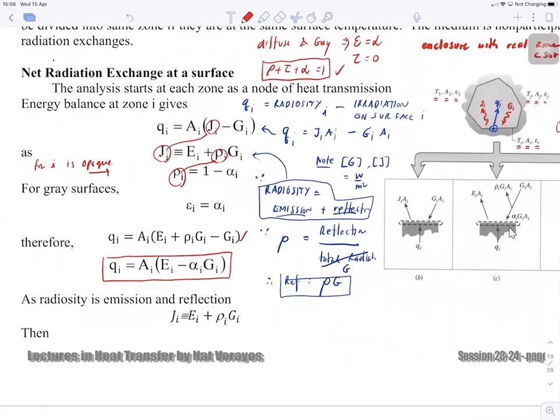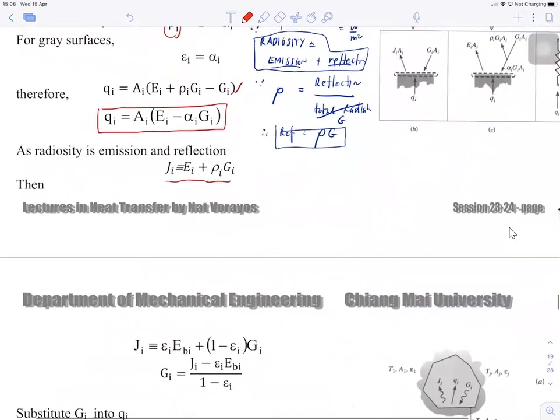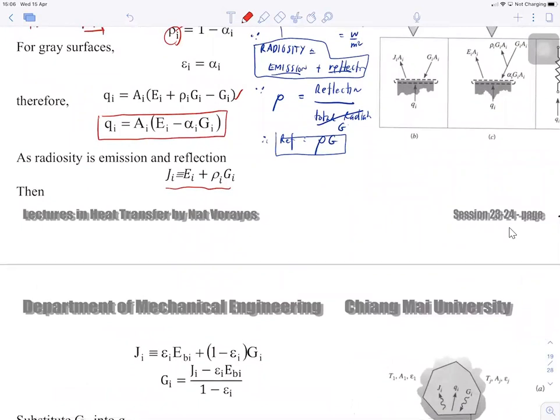And remember that Ji is defined as EI plus rho I GI. And you know that EI over EBI is going to be epsilon I. That's the definition of the epsilon, the emissivity. So in this equation, EI is going to be equal to epsilon I EBI.